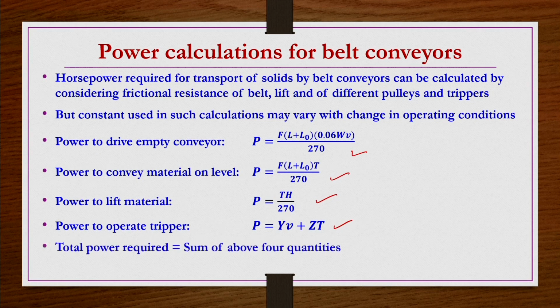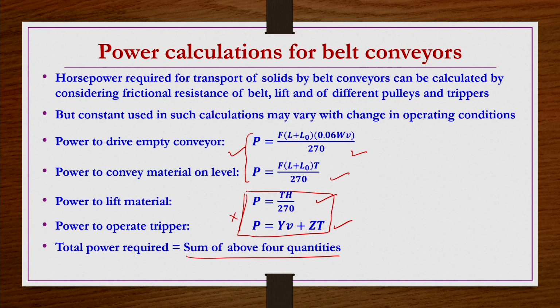So, the total power required for a belt conveying system is the sum of all 4 quantities. However, let us say in a system you do not have lifting of the material, and you do not have a tripper operation. Then you do not need to consider those 2 elements; you need to consider only these 2 elements, calculate them individually and add them together, right.